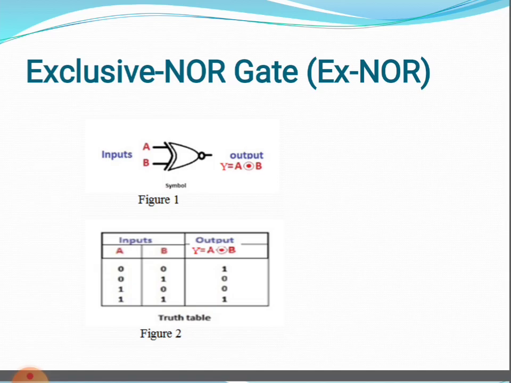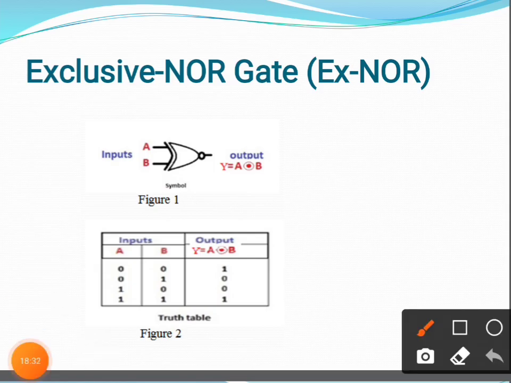The XNOR operation is also referred to as the coincidence operation because it produces an output of 1 when its inputs coincidentally have the same value, both 0 or both 1. Let us see how. When we use the first condition, a is equal to 0 and b is equal to 0, then the output will be 1.